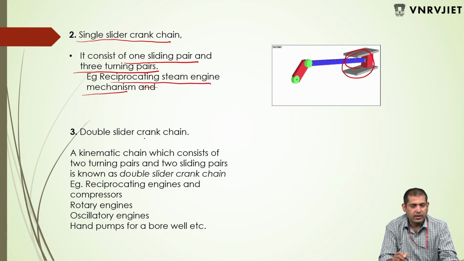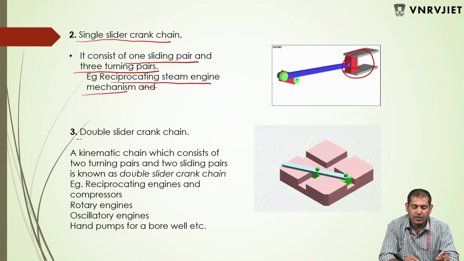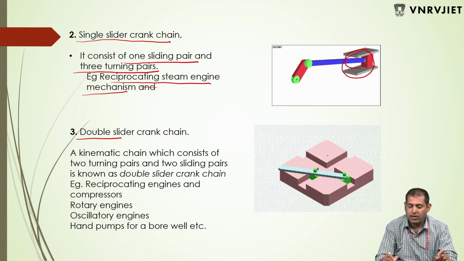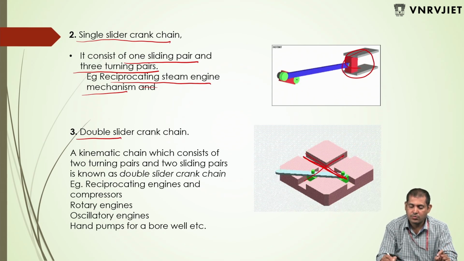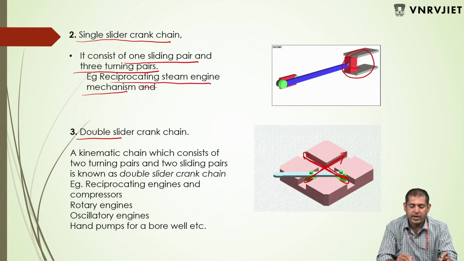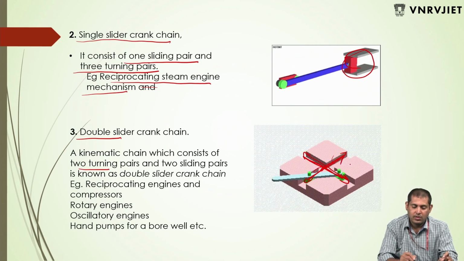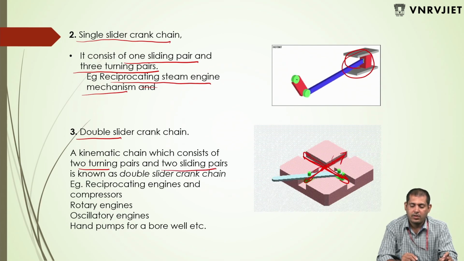Double slider crank chain. As the name itself says, there are two sliders here. One slider moves in these guideways, and the other slider moves in those guideways. This is called a double slider, a kinematic chain which consists of 2 turning pairs and 2 sliding pairs.